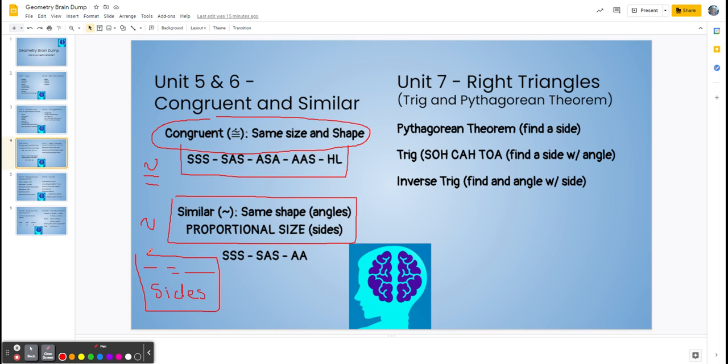Sides go into proportions. Angles equal each other. In similar triangles, sides go in proportions. X over Y equals A over B. Small over large equals small over large. But angles equal each other.